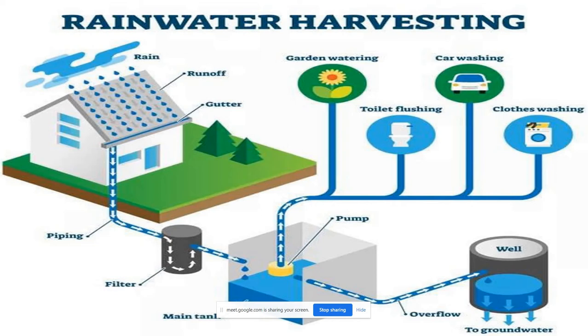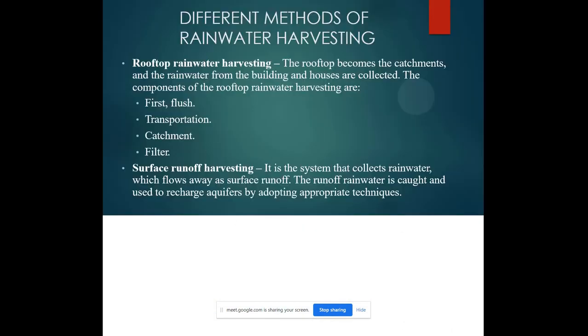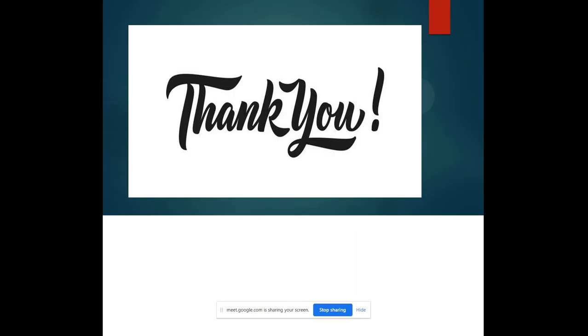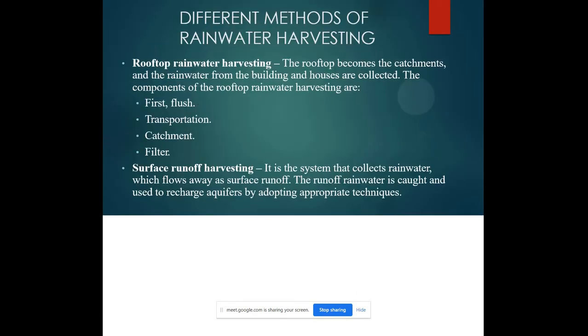The components of roof water harvesting are first flush and transportation, catchments, and filter. Surface runoff water harvesting. It is the system that collects rainwater which flows away as surface runoff. The runoff rainwater is caught and used to recharge aquifers by adopting appropriate techniques.